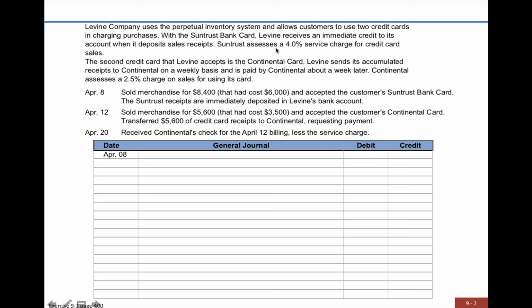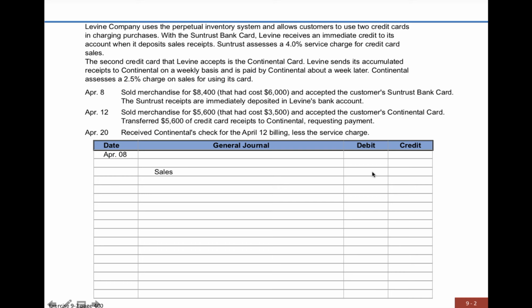So our recording of that 4% will immediately be in an expense account because we are immediately recognizing that as an expense. So we will record the fact that we had $8,400 worth of sales first. That will be a credit.